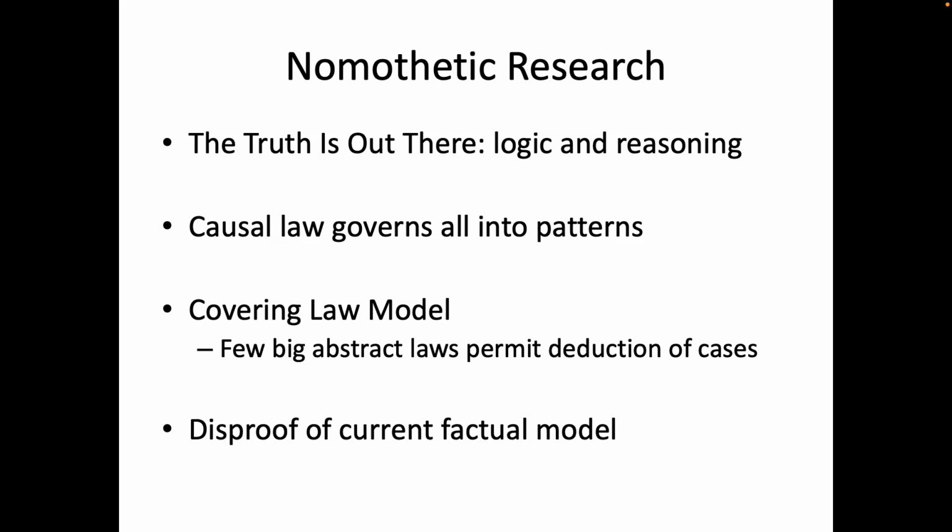All right, and we get to better covering laws by proposing and demonstrating experiments in fully well-controlled, well-documented ways that anybody else can reproduce by disproving the current factual model. So we prove something else wrong.